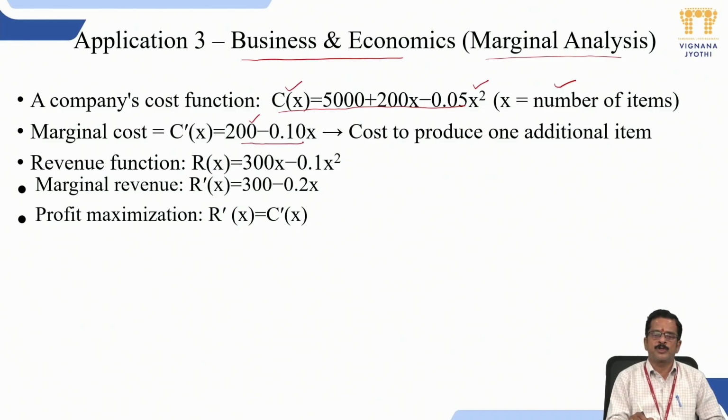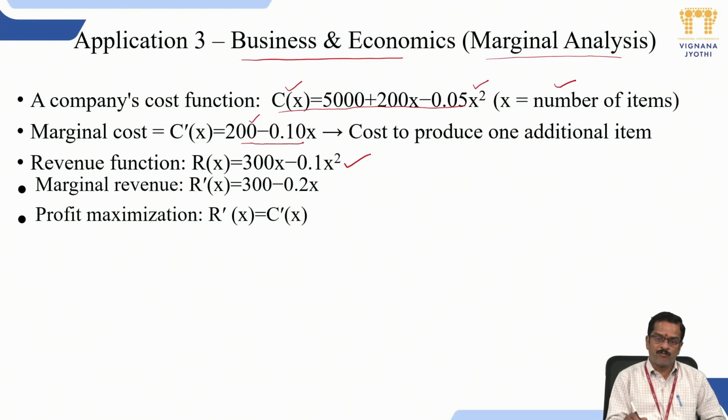This represents marginal cost. Marginal cost means the cost to produce one additional item. And the revenue function: what is the revenue we come across on production? It is defined by the company as 300x minus 0.1x square.